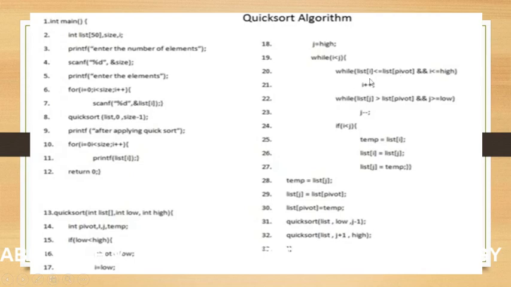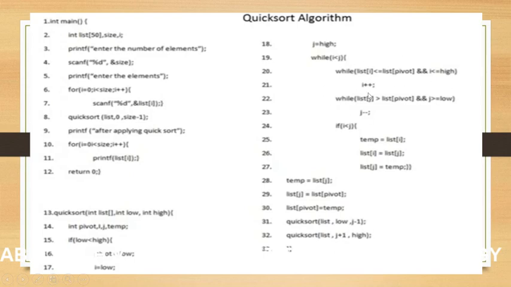So we take the first element, and that will be compared with the pivot element. If it is less than or equal to the pivot element, and if the index is less than the last index, i will be incremented.